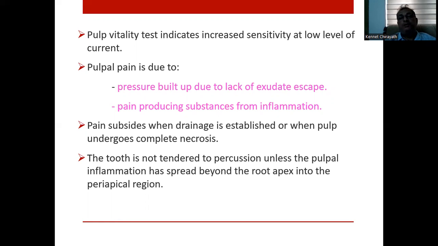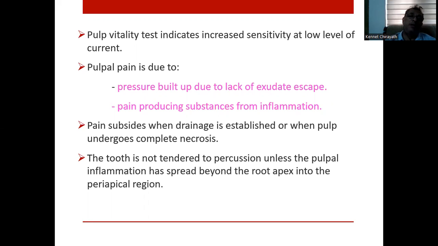So these are the main clinical features. The main one is that even after the stimulus is removed, the patient will have a lingering type of pain. Second, the patient cannot localize which tooth the pain is from. Once the pain starts, it will last for 10 to 15 minutes.